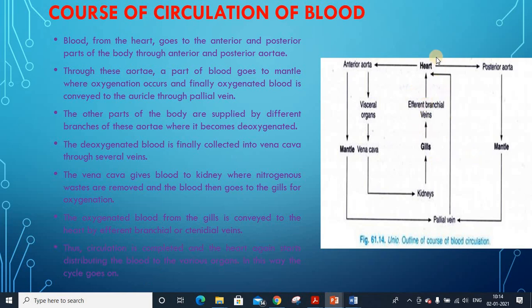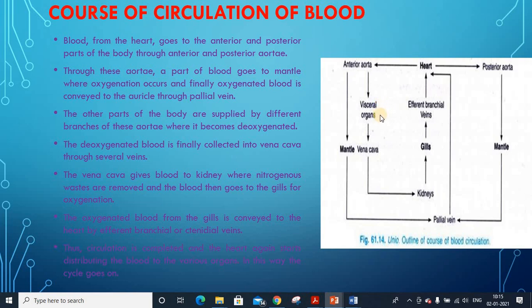Again, summarizing, from the heart, from the anterior part, the anterior aorta rises, and from the posterior part, the posterior aorta rises. From the anterior aorta, it goes to the mantle, then to the pallial vein, and finally to the auricles. Similarly, from the posterior aorta, it goes to the mantle, then to the pallial vein, and finally to the auricle. From the anterior aorta, it goes to the visceral organs where it is deoxygenated.